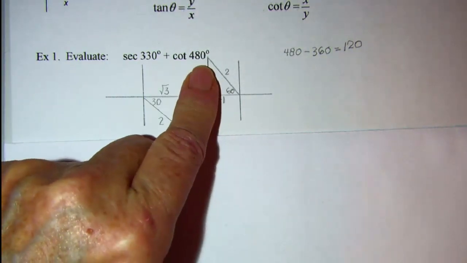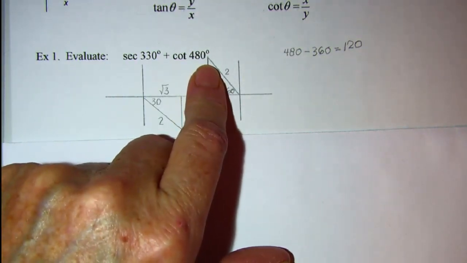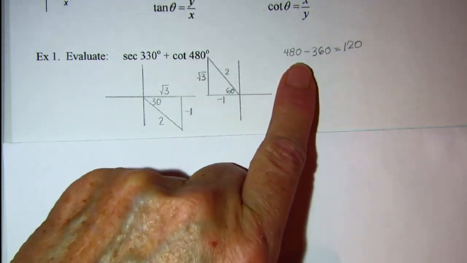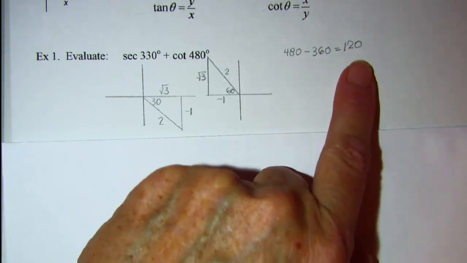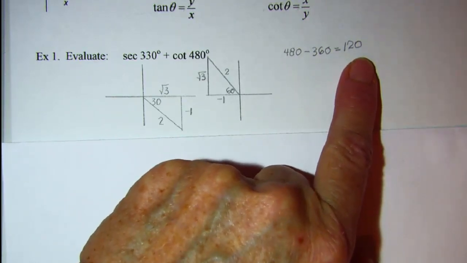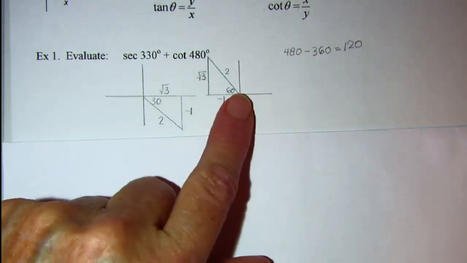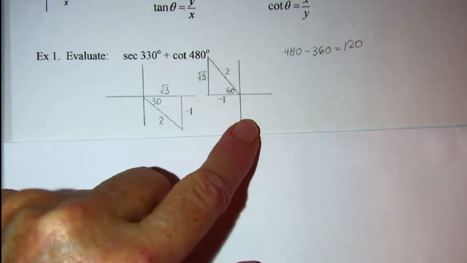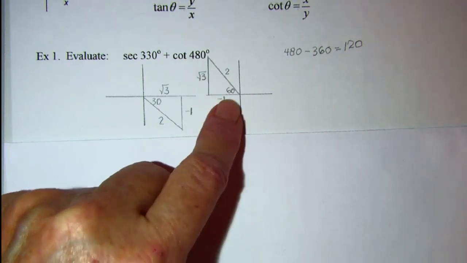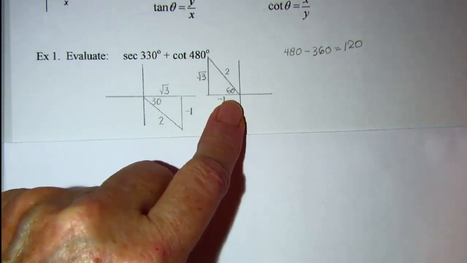Now 480 is more than 360, so we have to subtract 360 degrees. And we get 120, and so this 120 is more than 90 and less than 180, so it's in quadrant 2. We know that it's a 60-degree reference angle.